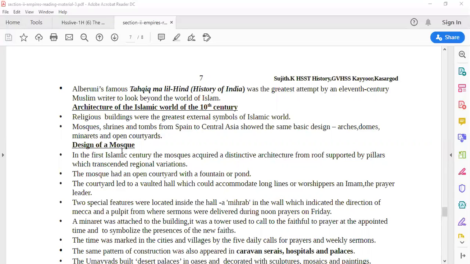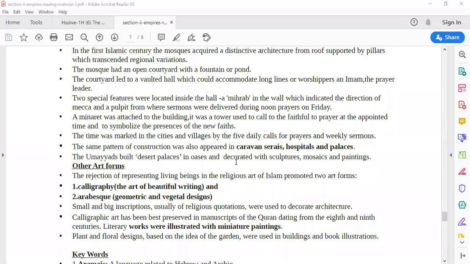Okay, so if you see the design of a mosque in the first Islamic century, the mosque acquired a distinctive architectural form from the roof that was supported by pillars, which transcended regional variations. These pillars had some regional variations depending on which region they were from.